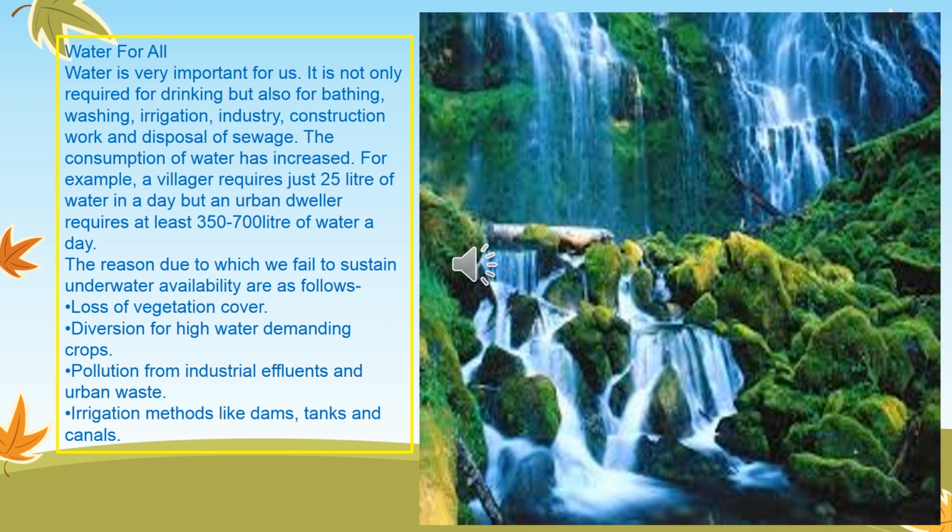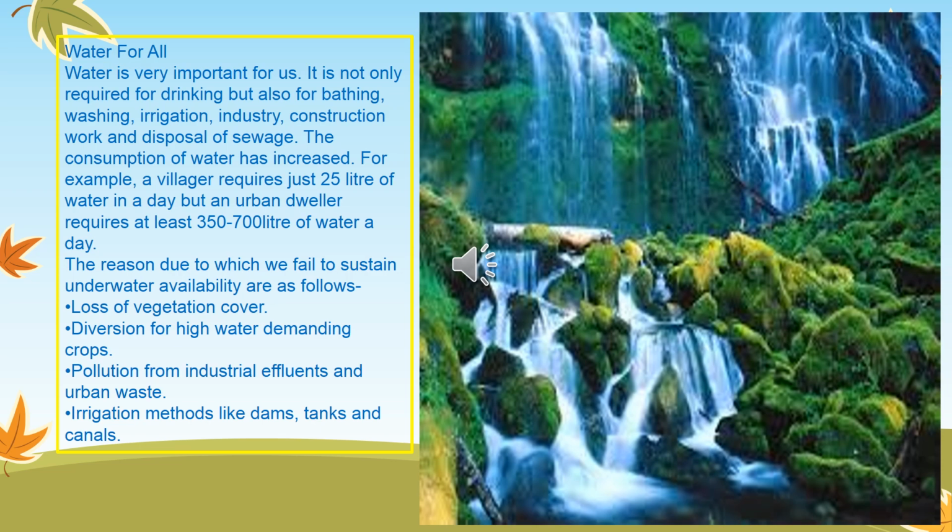Another very important natural resource is water. Water is a very important commodity that we get from nature. It is required not only for drinking but also for bathing, washing, irrigation, industries, construction work, and disposal of sewage. The consumption of water has increased as the human population is increasing day by day.